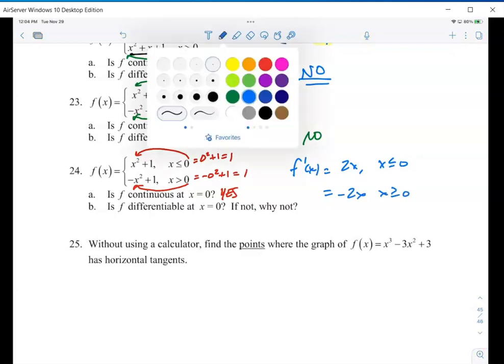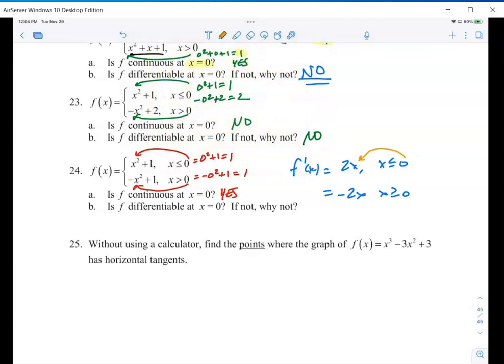Okay, well, at 0, that equals 0, and that equals 0. So it looks good to me, and yes, I think it is differentiable. Okay, because the regular function was continuous, and so was the derivative.